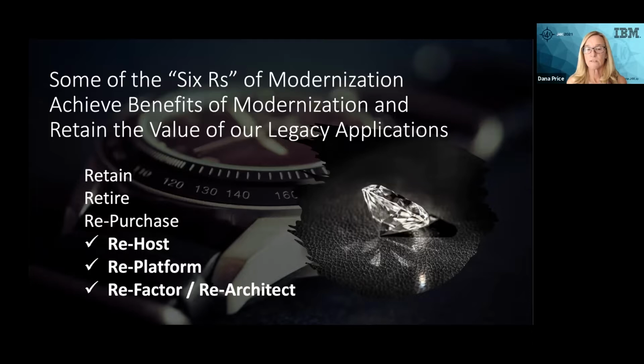By rehosting our application, or lifting and shifting it, we're able to move that application without substantial or any application or configuration changes. And by doing so, we can participate in the agile DevOps processes that we have already established and are using for our cloud native applications. That in itself is a benefit, and it doesn't require any code changes.